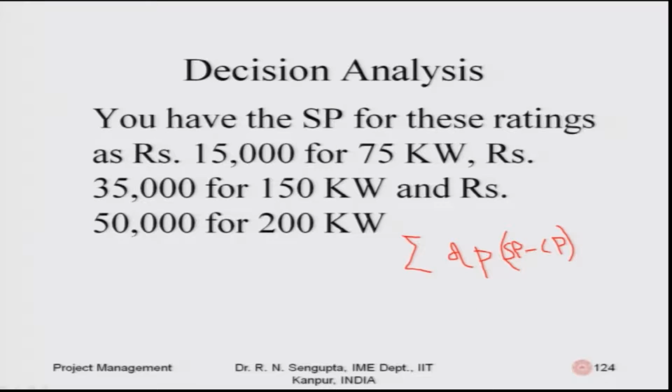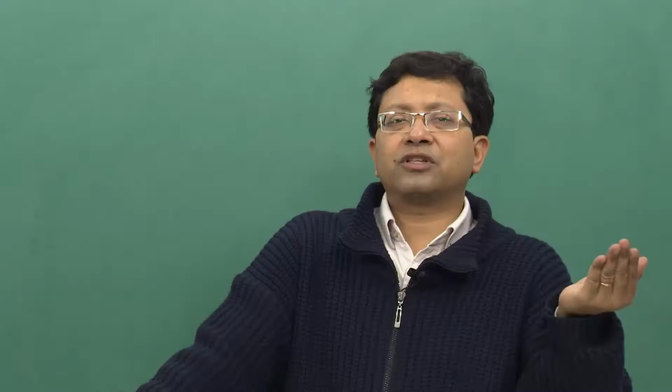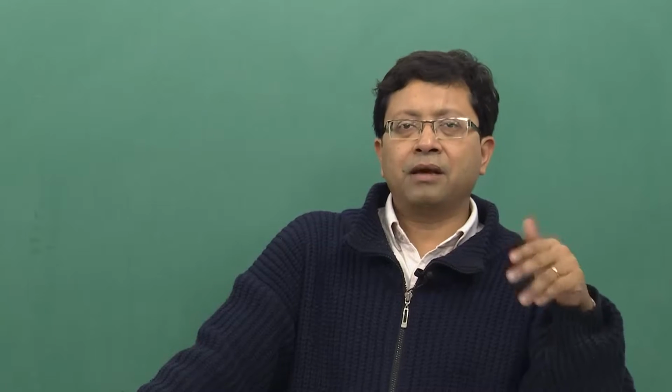Similarly, it will be selling price 35,000 minus the cost price CP2 inside a bracket, multiplied by the demand D2 and probability P2. For the third case, it is 50,000 minus the cost price CP3 inside the bracket, multiplied by demand D3 and probability P3.